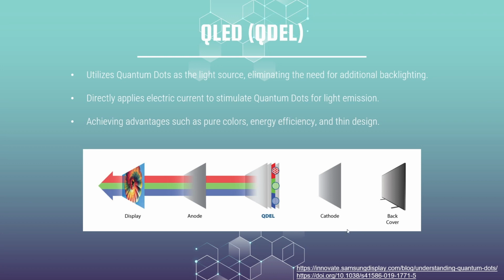Since QDEL directly uses an electric current to stimulate quantum dots, it can generate pure and more saturated colors, providing superior color performance, high contrast ratio. Also, without a need for traditional backlight, QDEL contributes to achieving a thinner display design, offering a sleeker appearance.